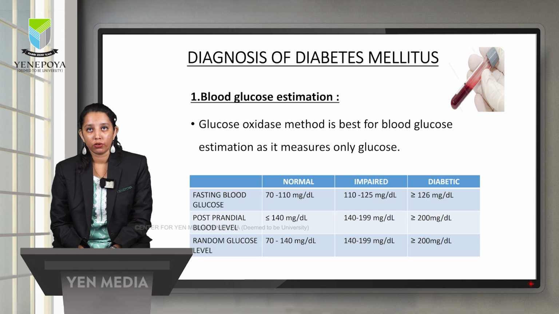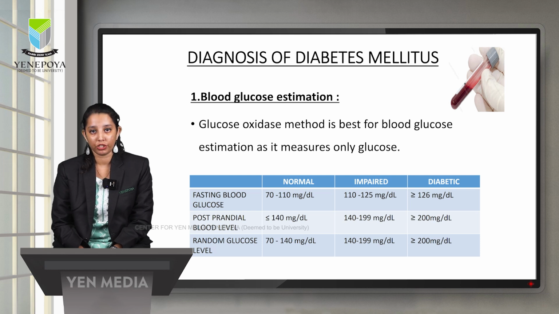Coming to the diagnosis of diabetes mellitus: blood glucose estimation. We can do blood as well as urine estimation. Under blood glucose estimation, we have the glucose oxidase method, which is one of the best methods for the estimation of blood glucose. We can take a fasting blood sugar sample, postprandial and random glucose samples. For the fasting sample, an overnight fasting, early morning sample is collected.